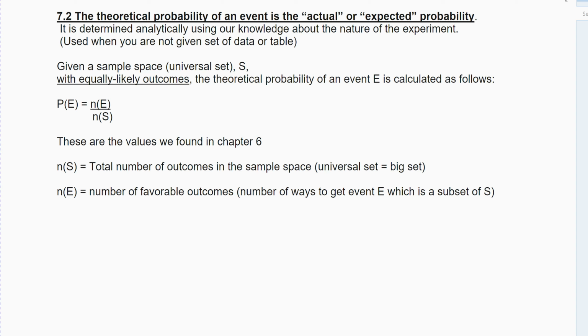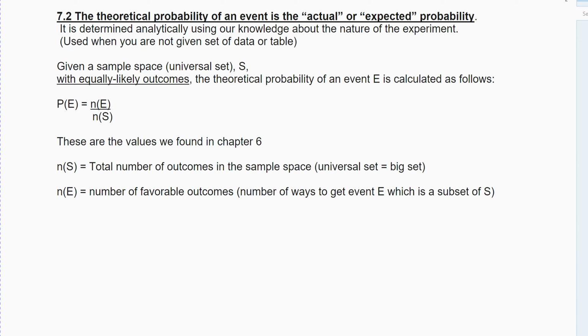Suppose out of 100 tosses, I got heads 57 times. Well, the relative frequency probability of getting heads in that experiment would have been 57 out of 100, or 0.57, or 57% chance. Again, that's the estimated probability based on experimentation. That's the difference between relative frequency probability and theoretical.